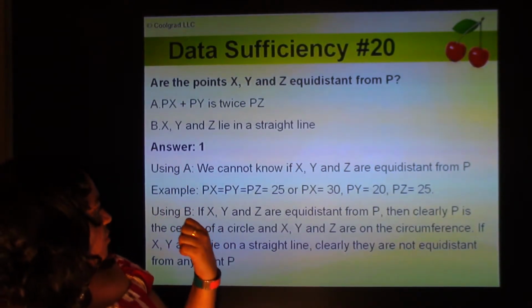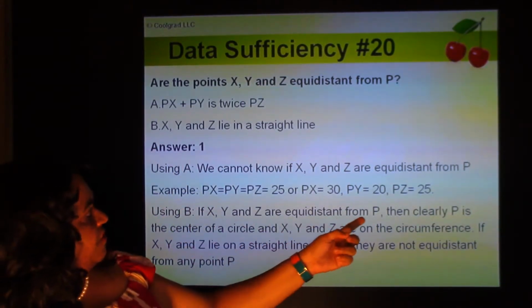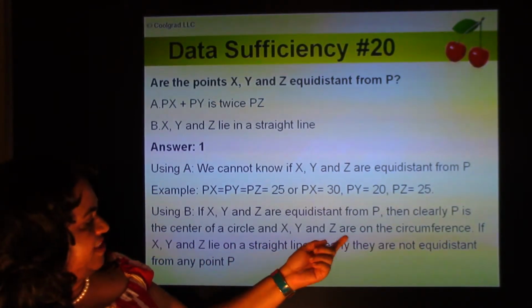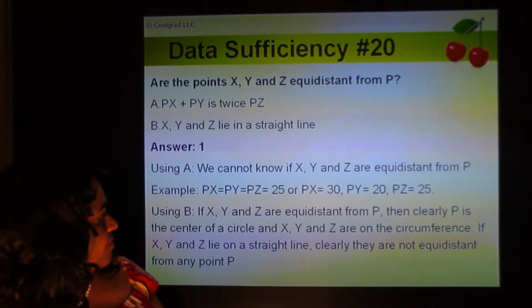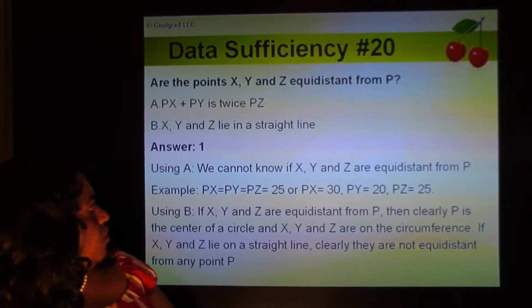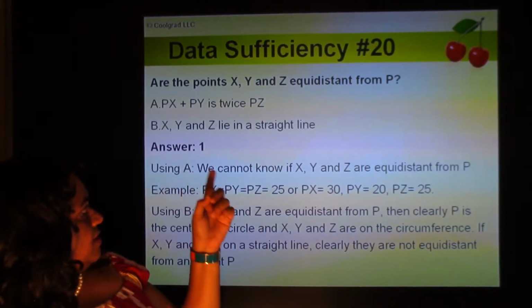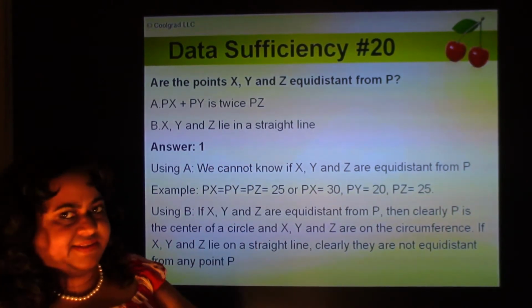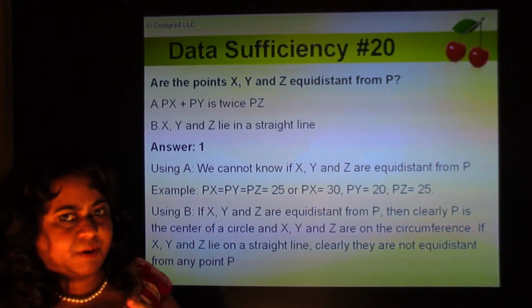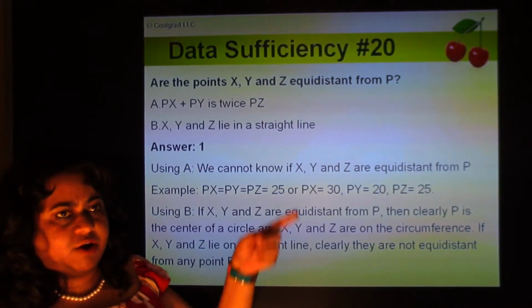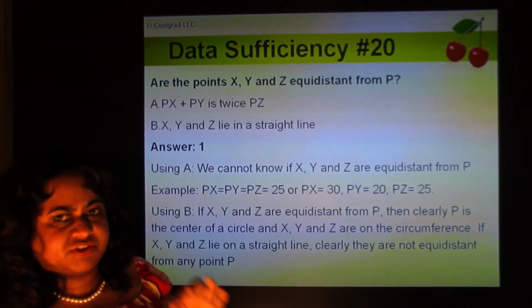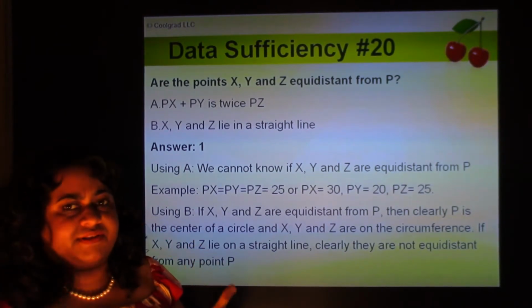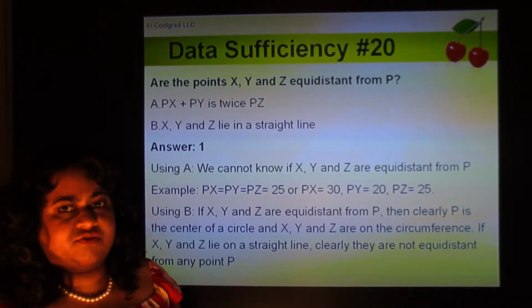Using statement B alone, if X, Y and Z are equidistant from P, then clearly P is the center of the circle and X, Y and Z are on the circumference. If there's a point P and there are 3 points X, Y and Z which are all equidistant from P, it means they're all points on the circumference of a circle, an imaginary circle drawn around in such a way that these 3 points lie on the circumference.